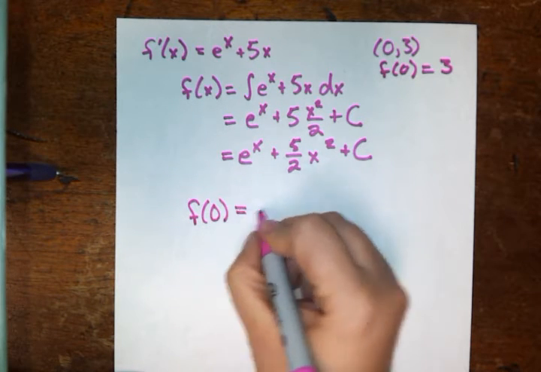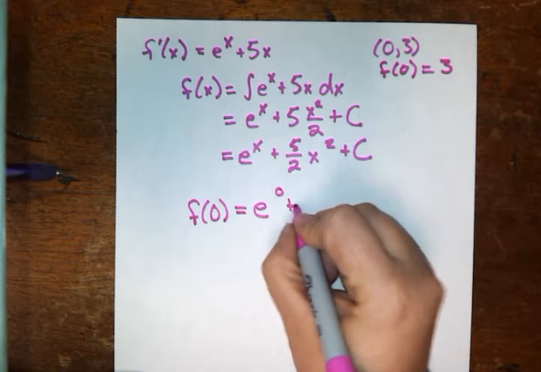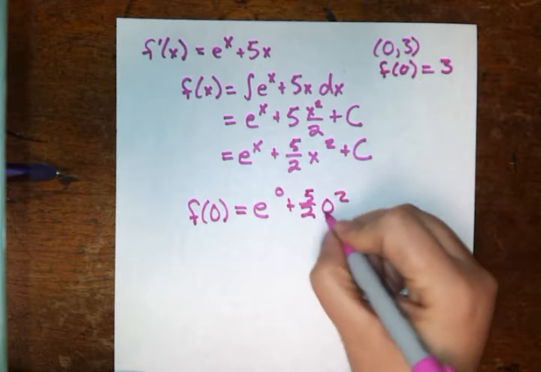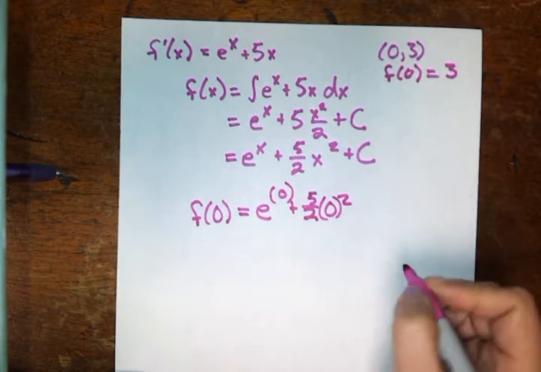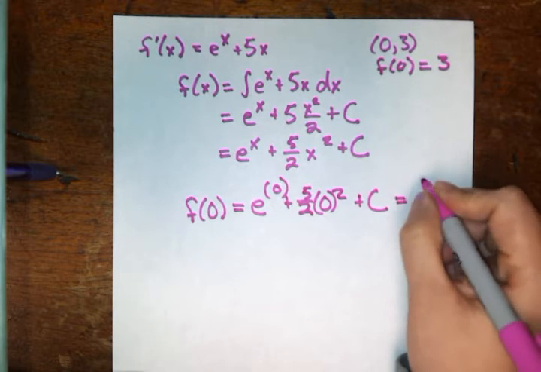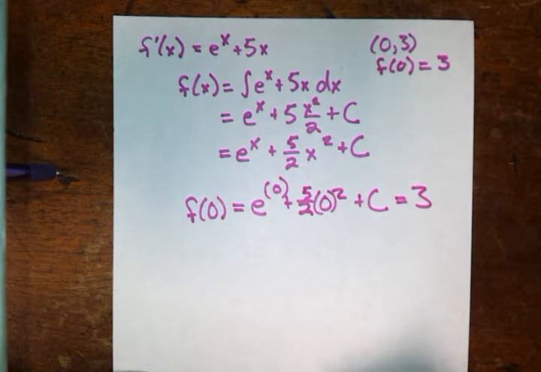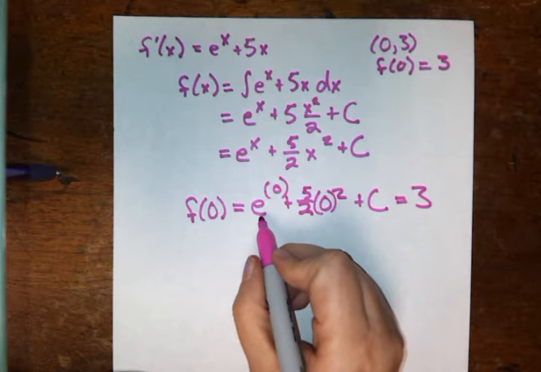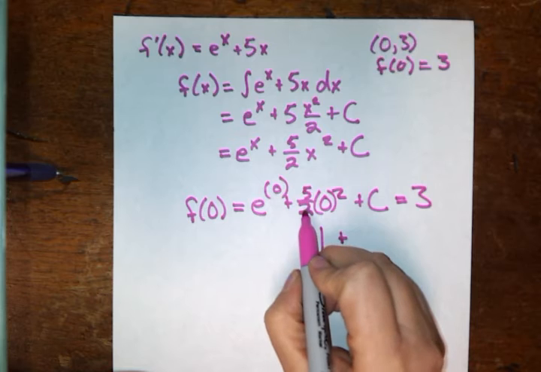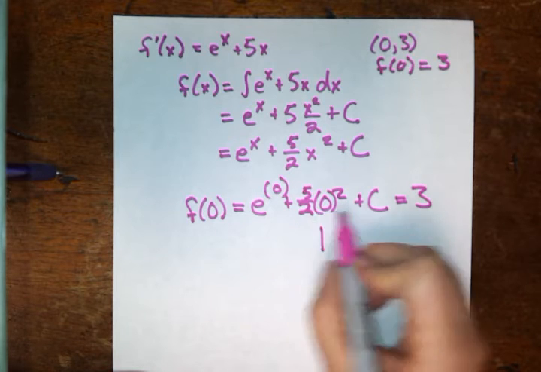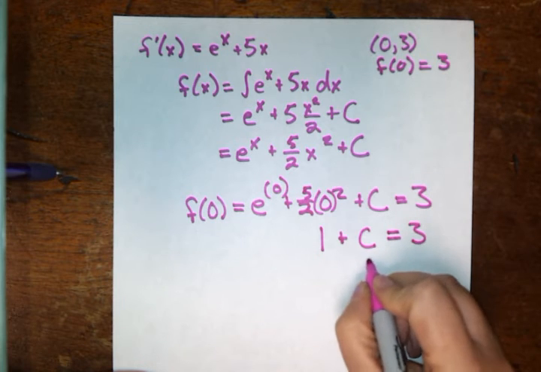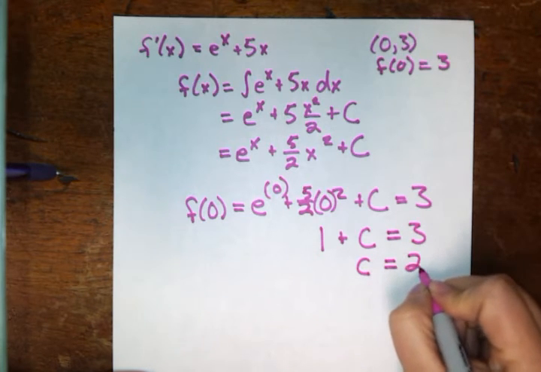That's e to the 0 plus 5 halves times 0 squared, plus c, and that equals 3. Well, e to the 0, anything to the 0 is 1. 0 times anything is 0, so that goes away. So 1 plus c equals 3, which tells me that c equals 2.